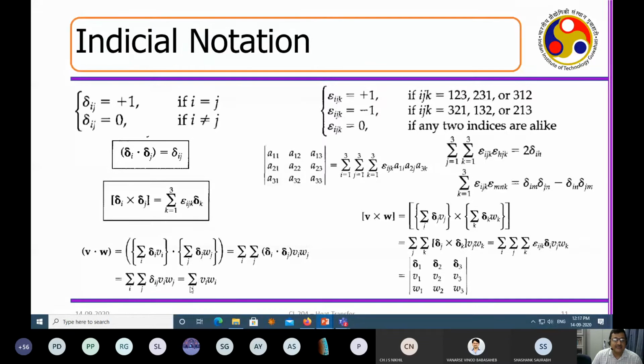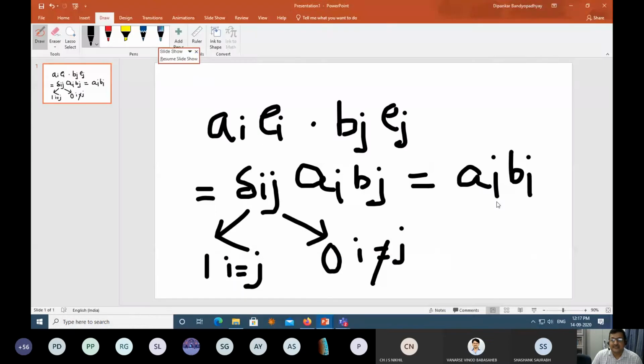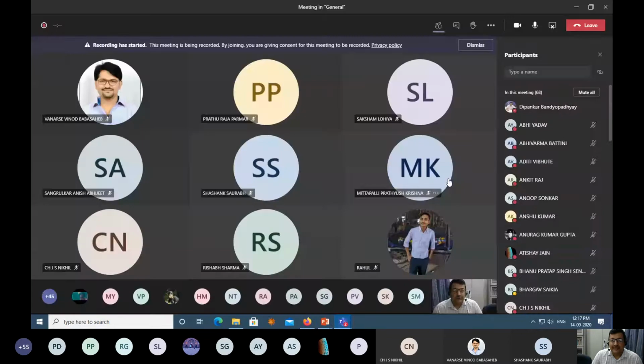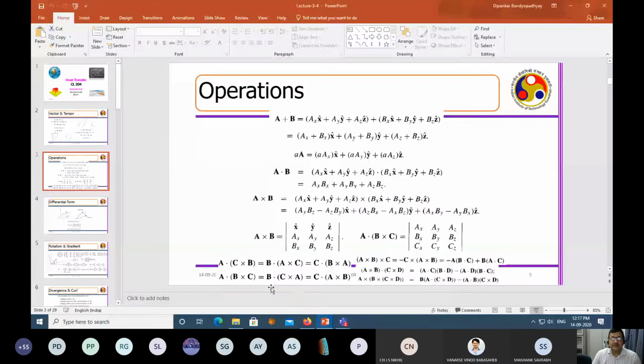This summation symbol you can just get rid of. Whenever there are repeated indices, that means there is a summation present. Great. So we could do the simple operation, which is called the dot product.